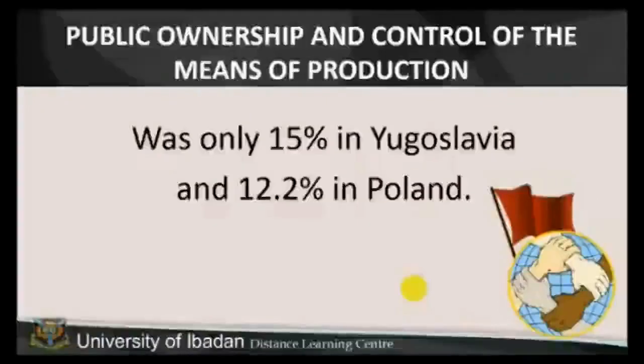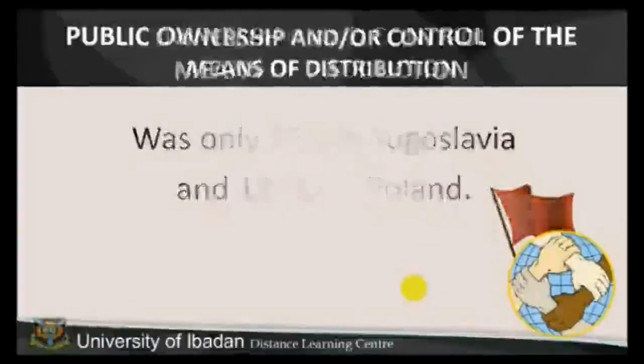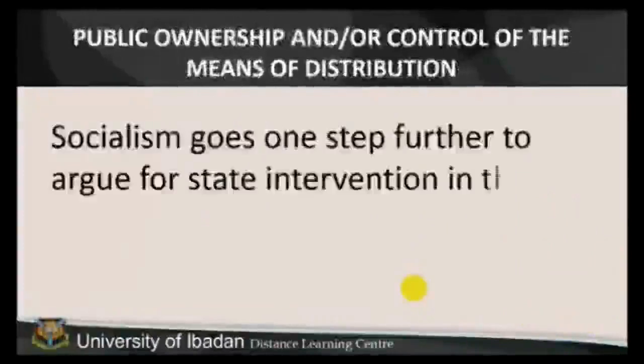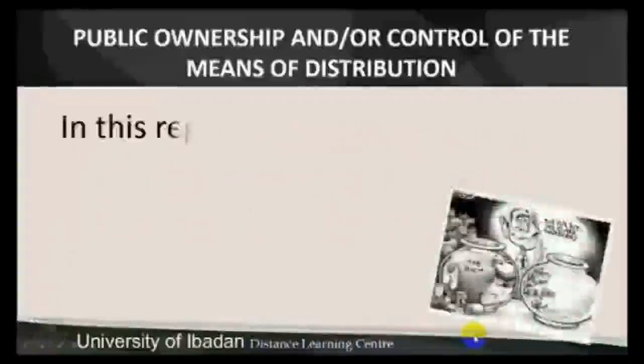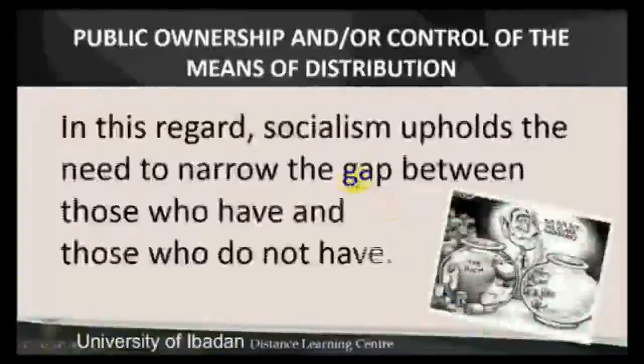Public ownership and or control of the means of distribution. Socialism goes one step further to argue for state intervention in the distribution of the produce of society. In this regard, socialism upholds the need to narrow the gap between those who have and those who do not have.